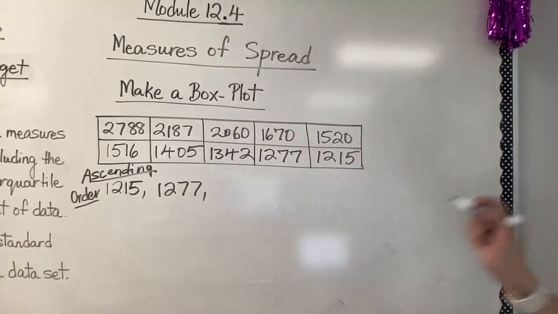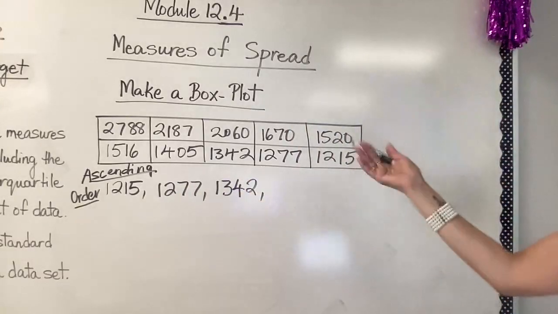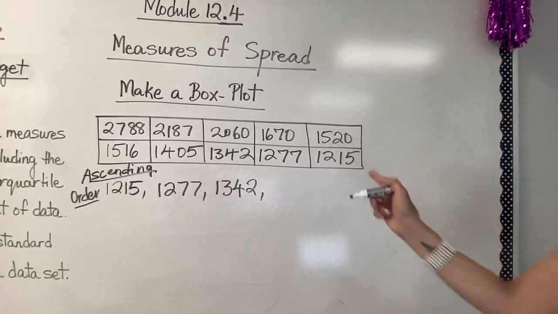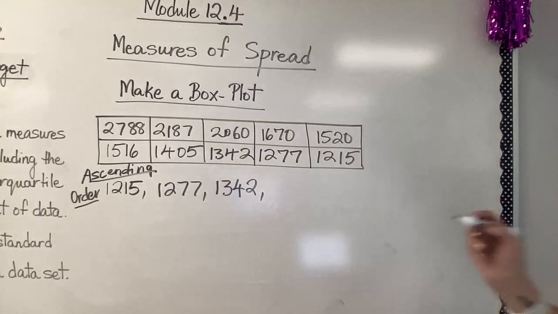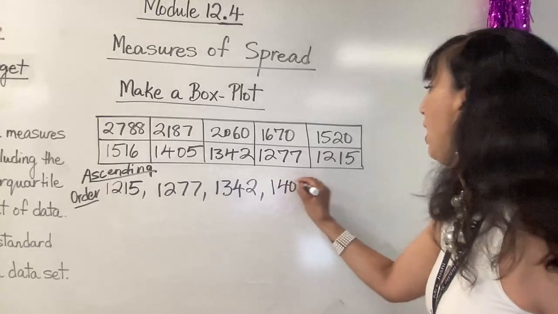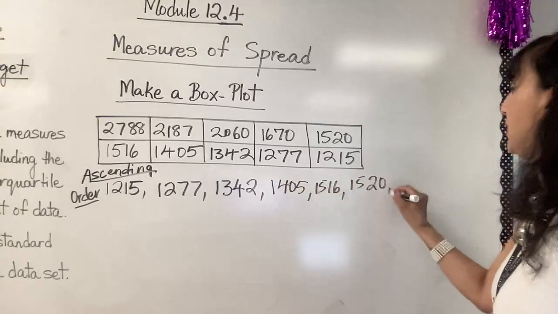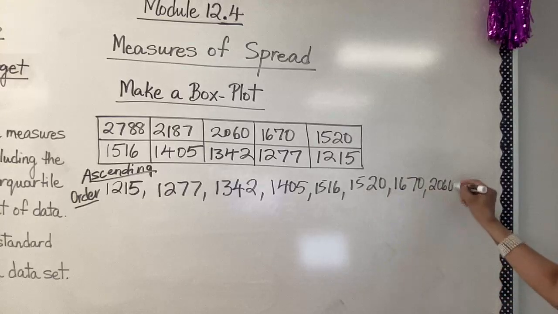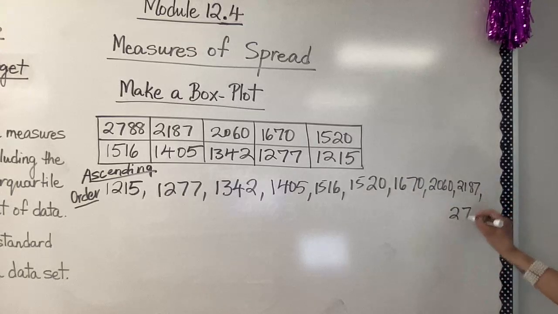We have 1342. It is kind of already in the correct order. I'm just writing it backwards based on how this is. But yeah, we've just got to put it in the correct order. 1405, 1516, 1520, 1670, 2060, 2187, and 2788.